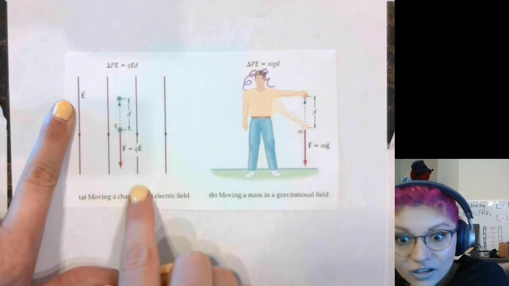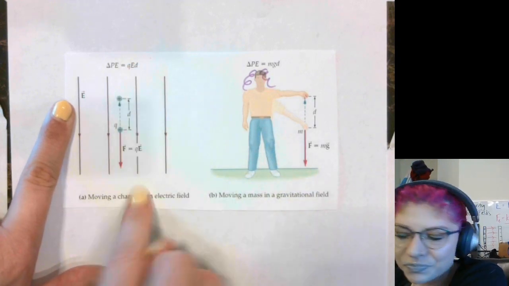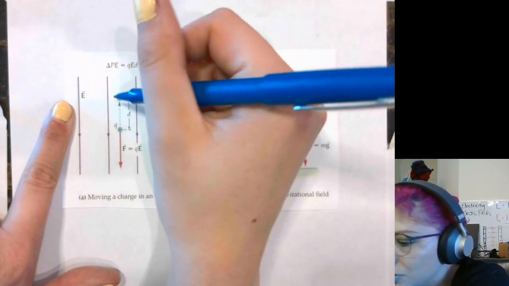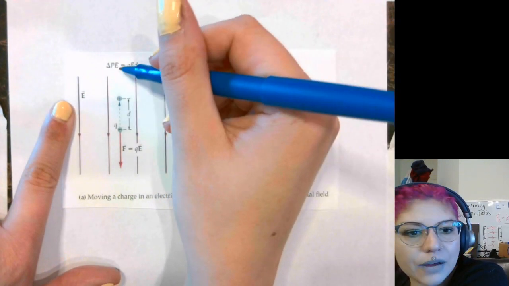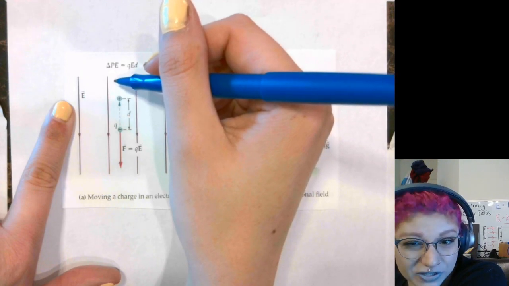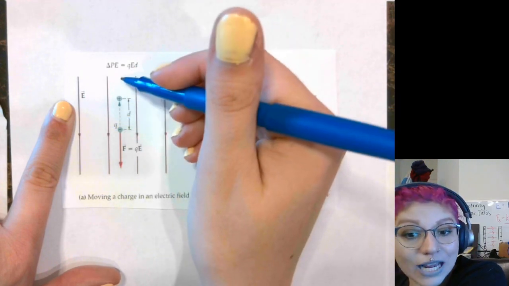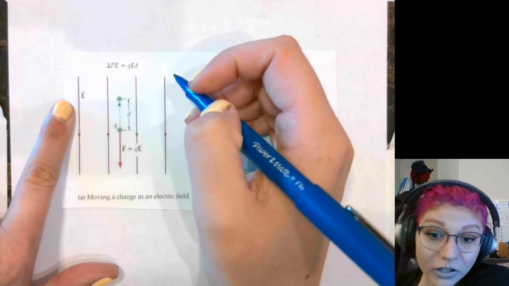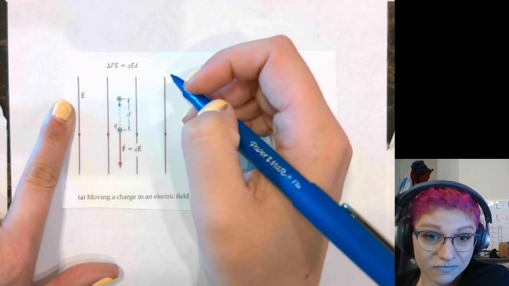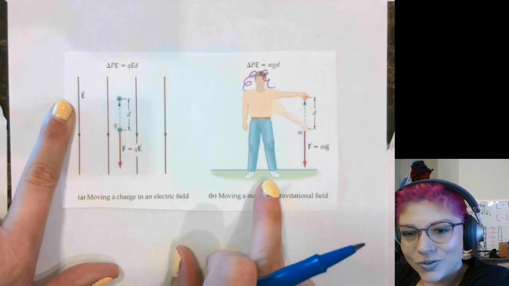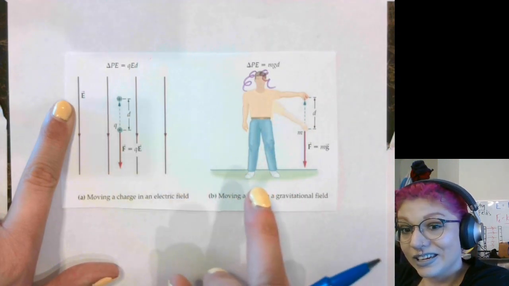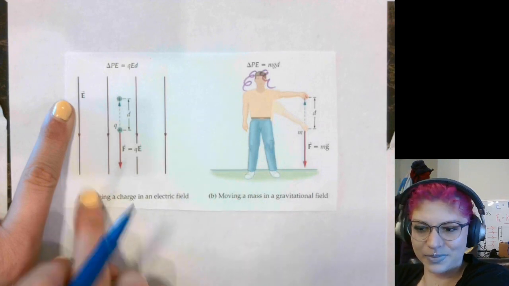So we have this energy inside this field, and this little charge is going to travel a certain distance in the electric field. As it travels that distance, its energy is going to change. Yeah? So hopefully you're linking together the macroscopic and the microscopic, okay?